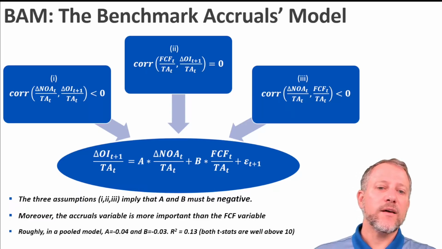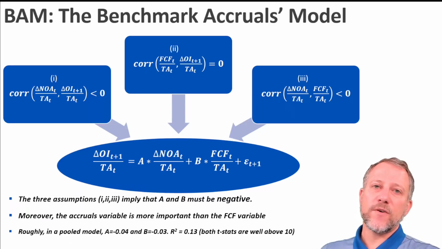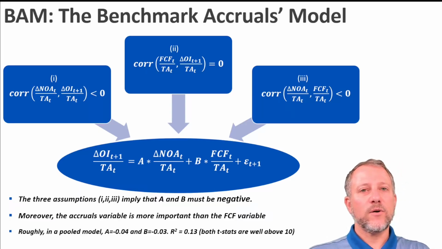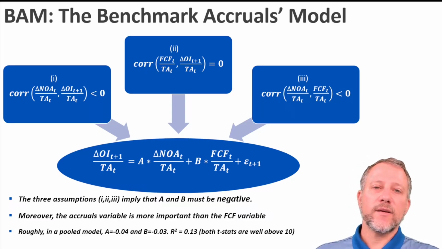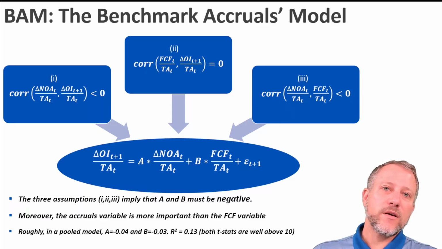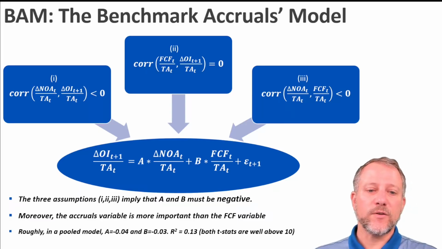And again, the negative relation with free cash flows is conditional on holding constant changes in NOA because of that negative current period correlation between free cash flows and changes in NOA. And so we also expect that the main relation between the accrual component is going to be stronger than this conditional relation with free cash flows.